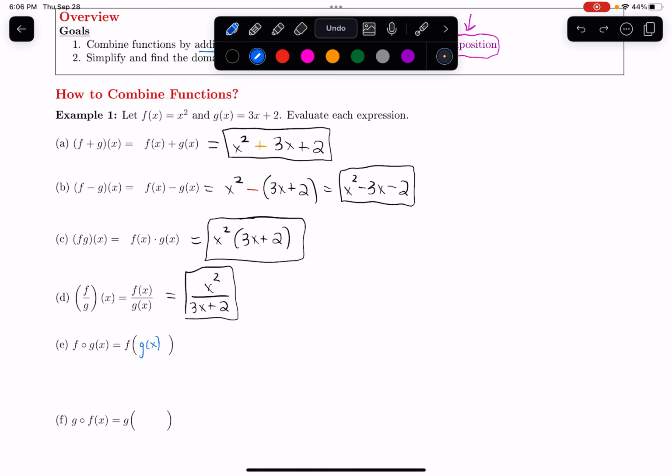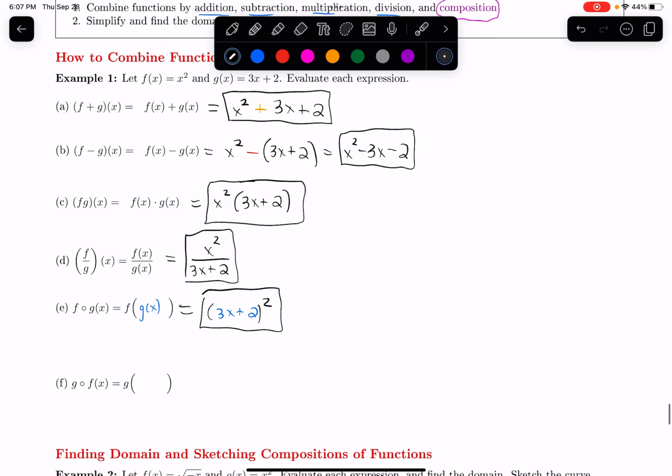So wherever the x is in the formula for f of x, I'm going to be plugging the g of x formula into that x. Okay, so my f of x says, well, I'm having something squared, but now I'm going to be plugging in g of x, this whole thing, into that x. So instead of x squared, it'll be 3x plus 2, that whole quantity getting squared. Okay, and that's that.